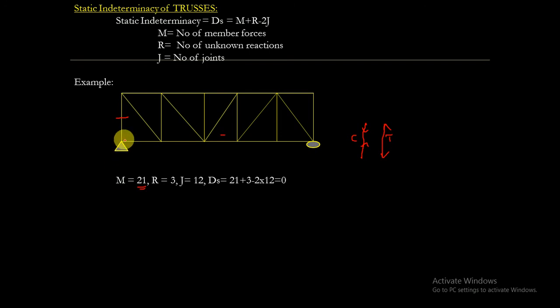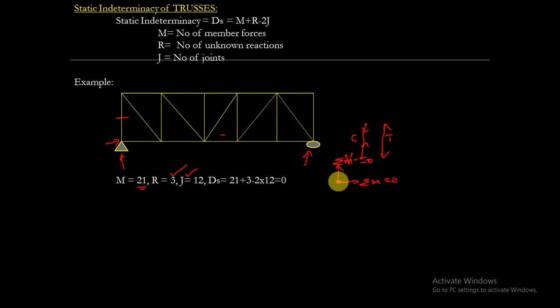And the number of unknown reactions here: there will be 2 and here there will be 1, therefore 3 unknown reactions. j is nothing but the number of joints, that is 12. At each joint we get 2 equilibrium equations, that is summation of H equals 0 and summation of vertical forces V equals 0.